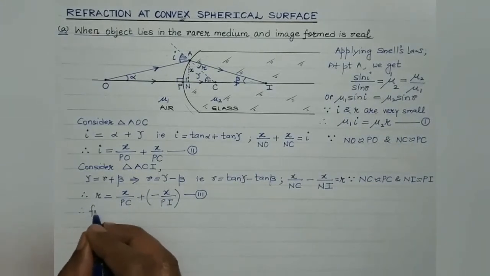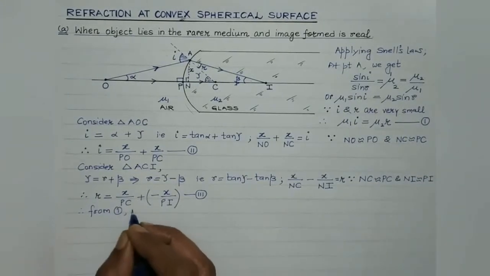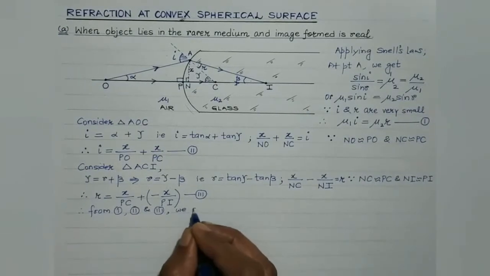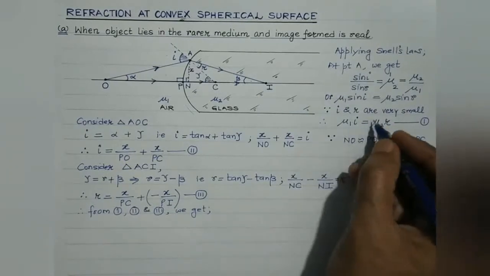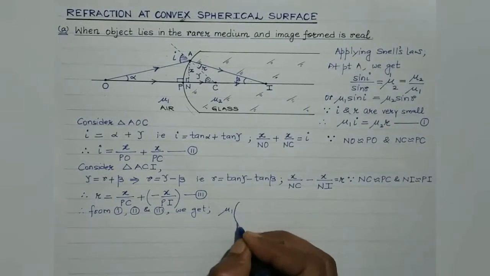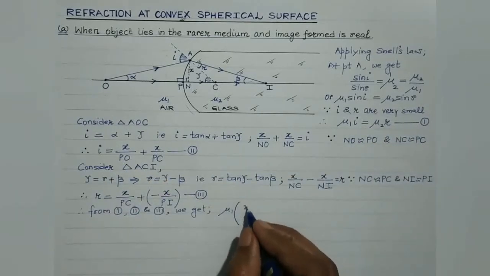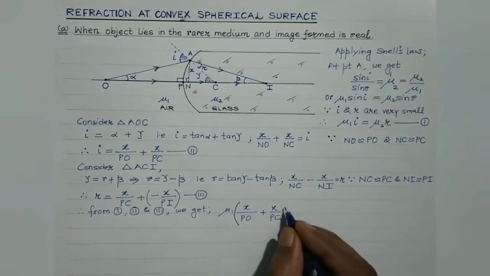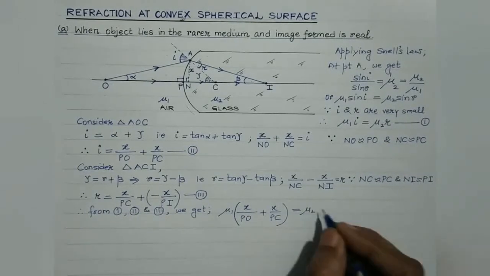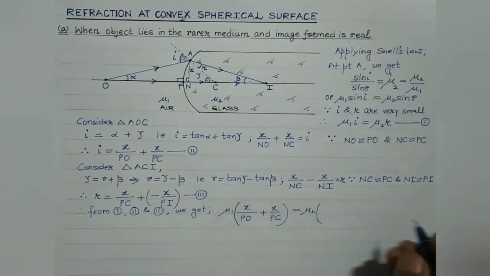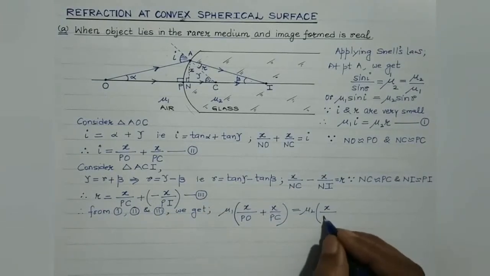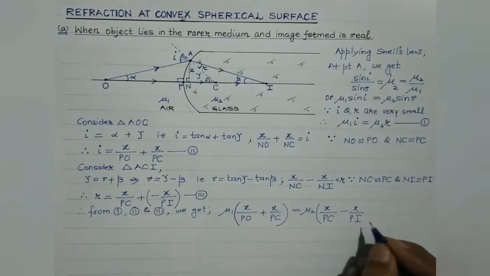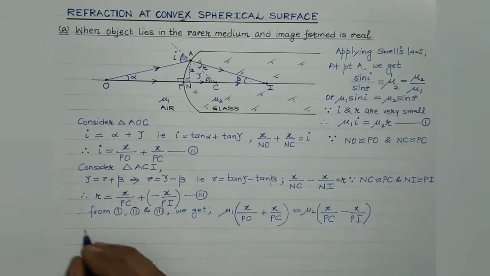So from first, second and third we get, substitute the value of I, it is x over PO plus x over PC, is equal to mu2 R, substitute the value of R from equation 3, it is x over PC minus x over Pi. So x is common on both the sides, so it gets eliminated.